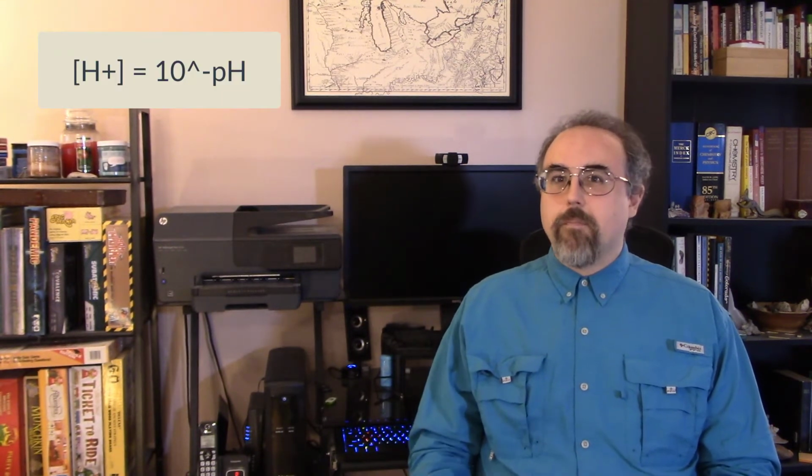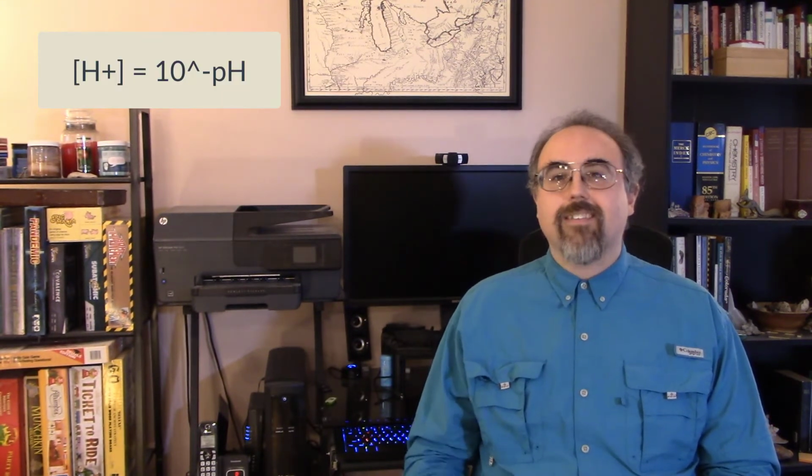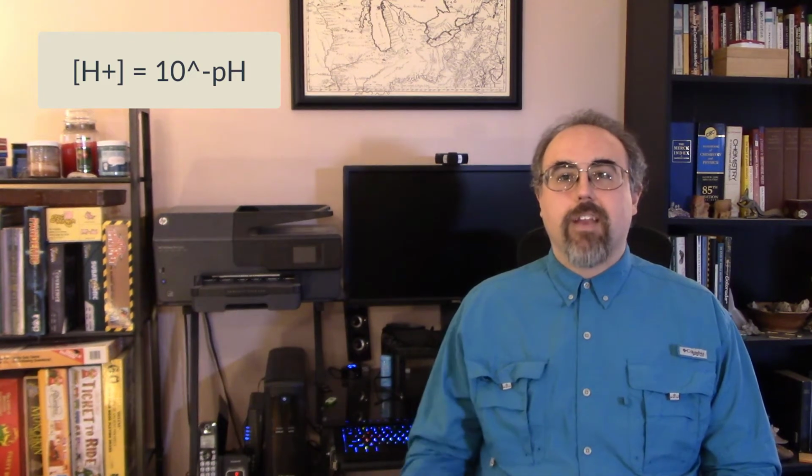You simply take your pH, put the minus sign back. So if it's pH of 6, then you take negative 6, and then raise 10 to the power of the negative 6. Then boom, 1 times 10 to the negative 6 molar H+. Yay! This works fairly straightforward.